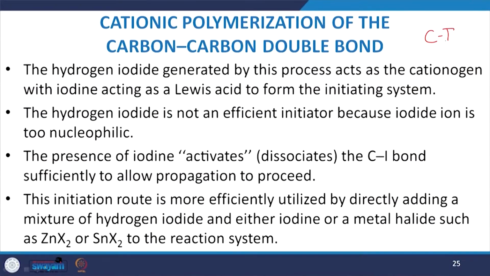Now, the presence of iodine activates or sometimes dissociates the C-I bond sufficiently to allow the propagation to proceed. So, when you look at the propagation after initiation, you need to look into this particular aspect.